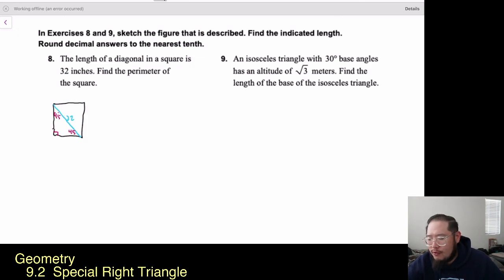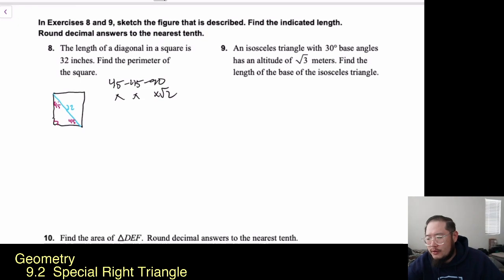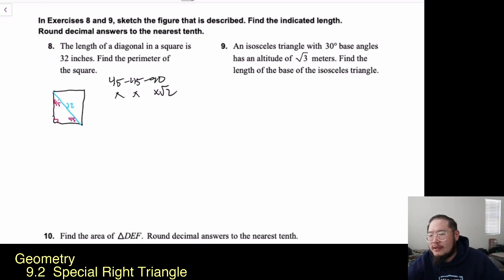So how do I find the lengths? Well, if I have a 45, 45, 90, this is how we put everything together. Remember, it's x rad 2. They gave us the hypotenuse on this one. We have 32 is equal to x rad 2. And then we go ahead and find the length of the leg. Okay, so we'll divide both sides by rad 2.